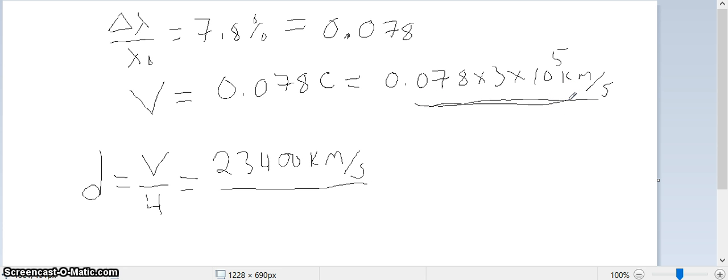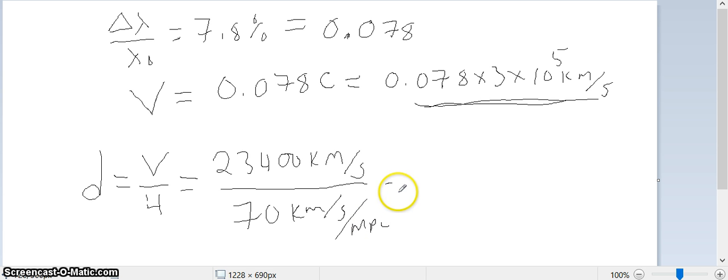We're just calculating the recession velocity, and I'm going to use the same numbers that they used for the Hubble constant. In this particular case, I'm going to use 70 kilometers per second per megaparsec. Again, that's an older Hubble constant. Nobody uses that very much anymore because it's not accurate.